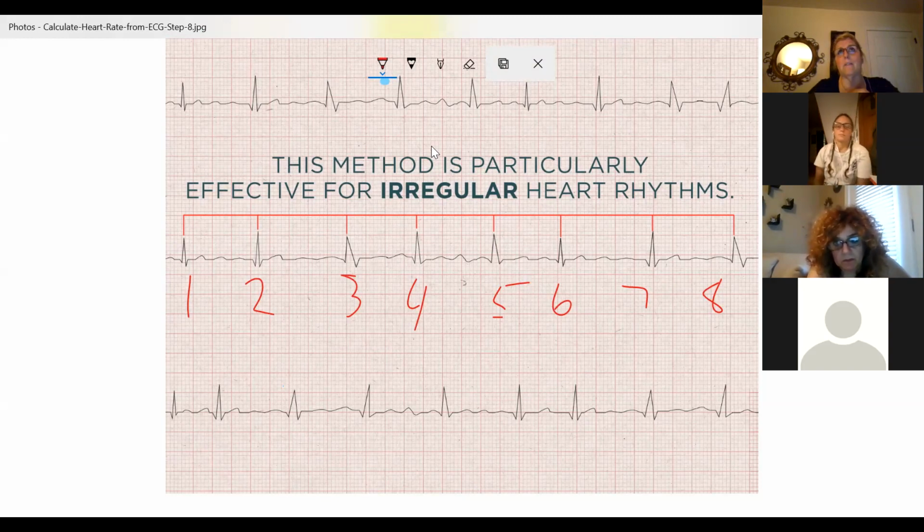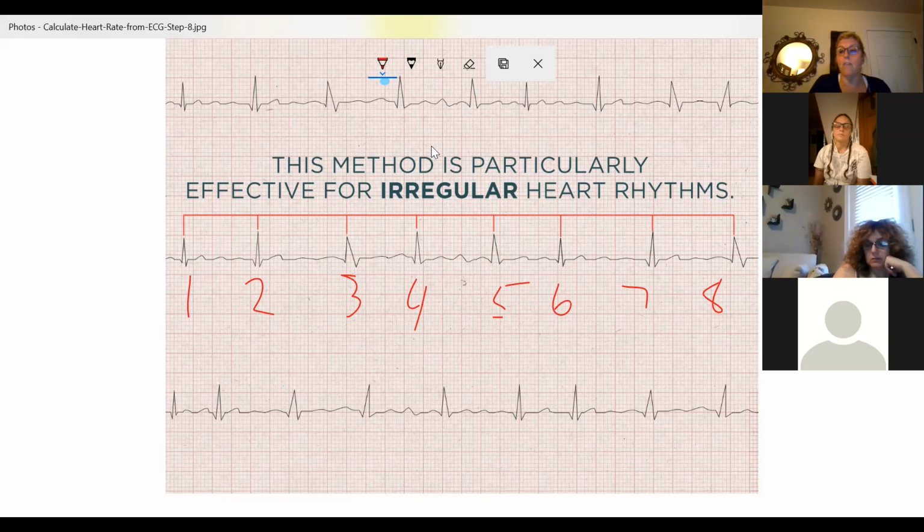If, as a nurse or an EKG tech, you're feeling someone's heart rate to do vital signs and it's irregular, do you think you can write down after 15 seconds what it is? No, you have to really listen or feel for a whole minute because it's irregular. And you're always going to say it's irregular.